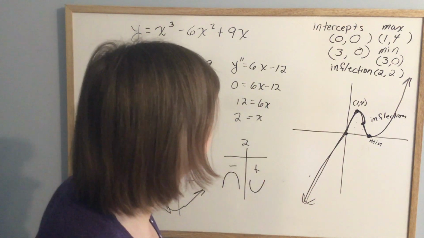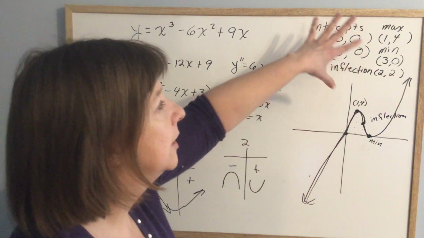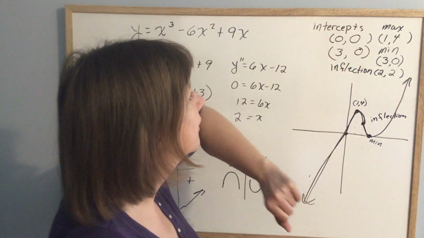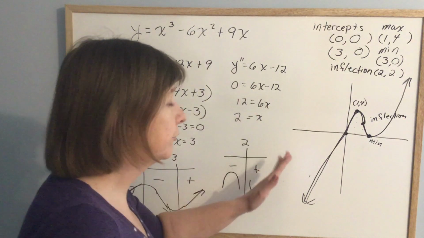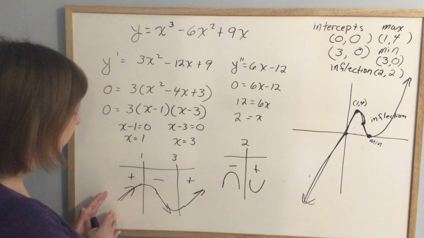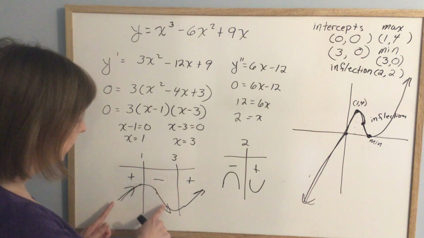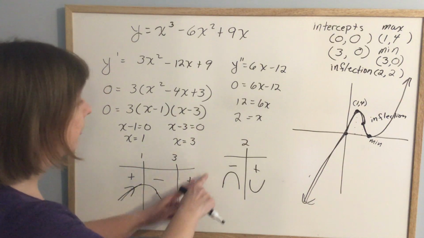This is what the graph would look like. Oh, I know, I was talking about intercepts. So find them if you can, if they're not insane to find. Then we find maximums and minimums, points of inflection. I make these little tables so that I can kind of see the basic shape of the graph. It was going to go up, come down, go back up, right?